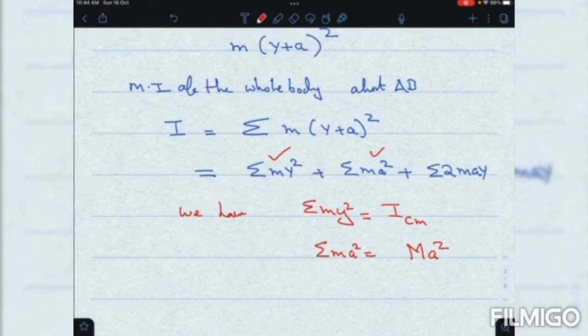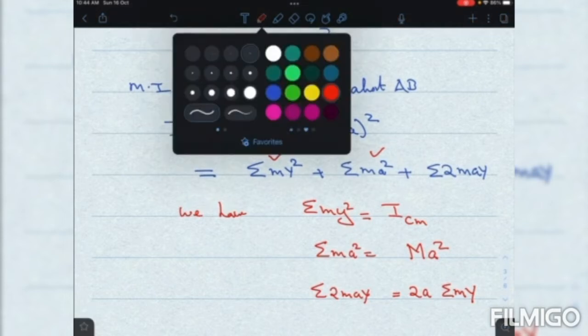Again we have sigma 2m a y. How do you write that? This is equal to 2a, since a is a constant as I told before. Then what you have inside is m into y. Now what is m into y? That is the next question we have to ask.